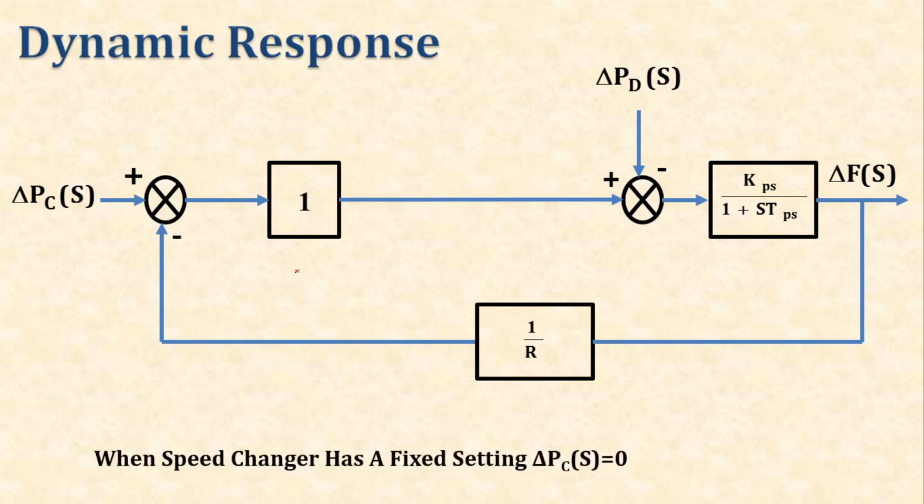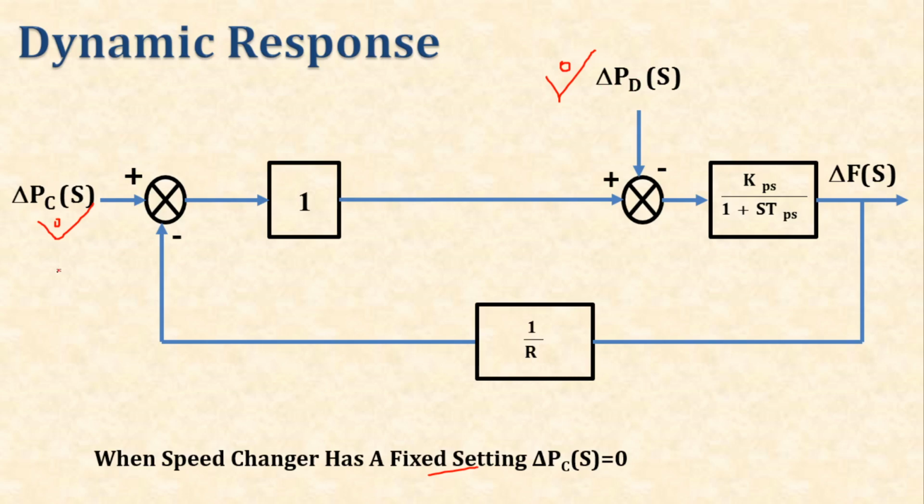Now to find the dynamic response, we consider that there is a change in demand and the speed changer has a fixed setting. So there is no command power for our dynamic response. We will make delta PC equal to 0 and allow a step change in demand.